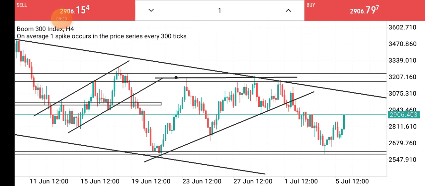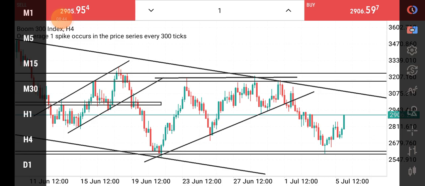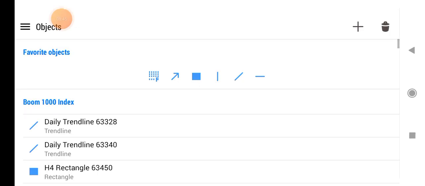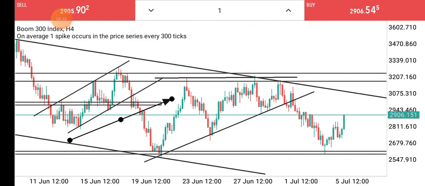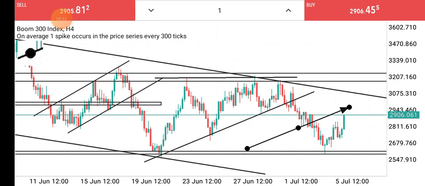I don't know how they call this. I think this should be the triangle or whatever pattern. You can see the market broke out of it, got to this support. Now it is buying. The target will be this resistance zone, guys, to buy into this resistance zone.